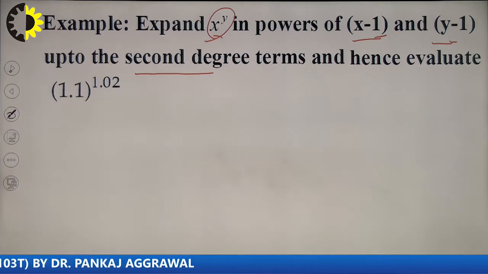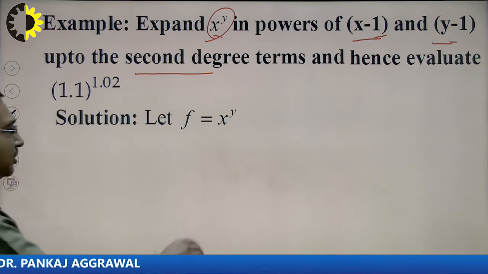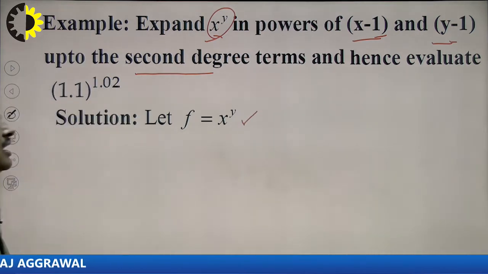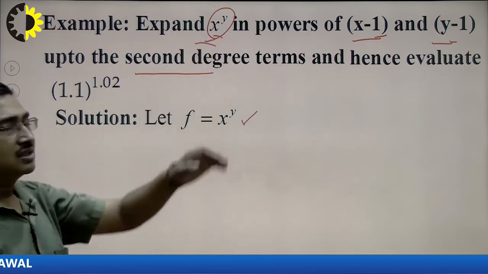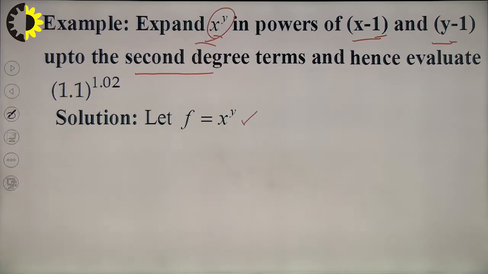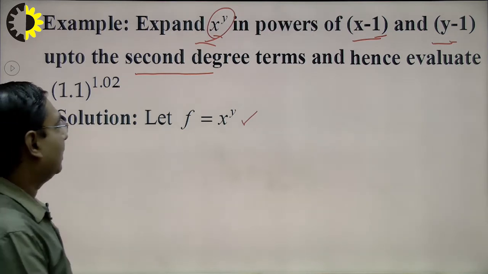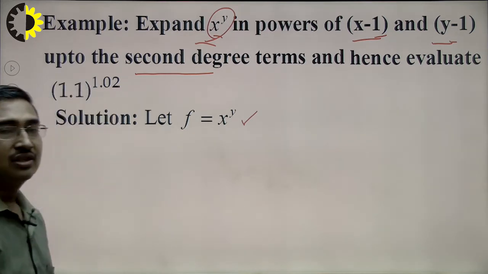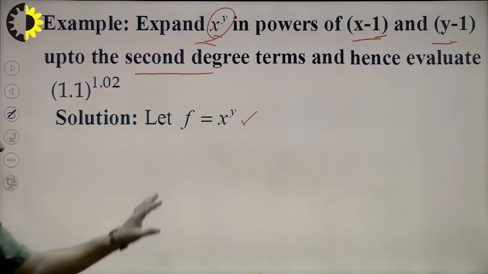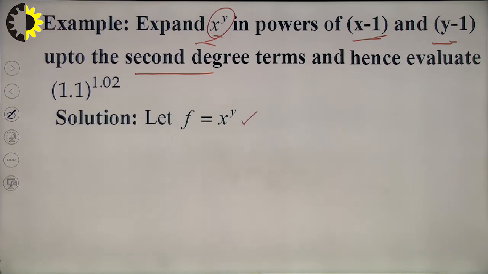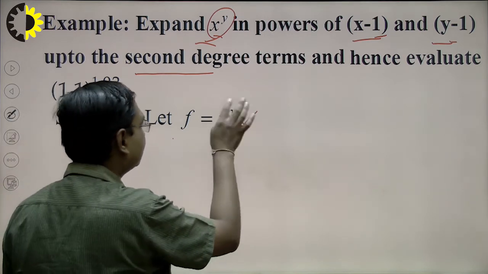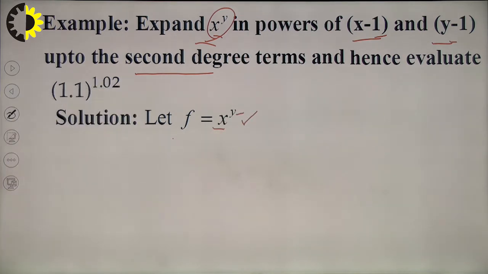Now we start. This function f will be x raised to the power y, because it is to be expanded. Now I need to calculate partial derivatives of this function. When we differentiate this function with respect to x, here we see that it is x and it is y, so both are variables.